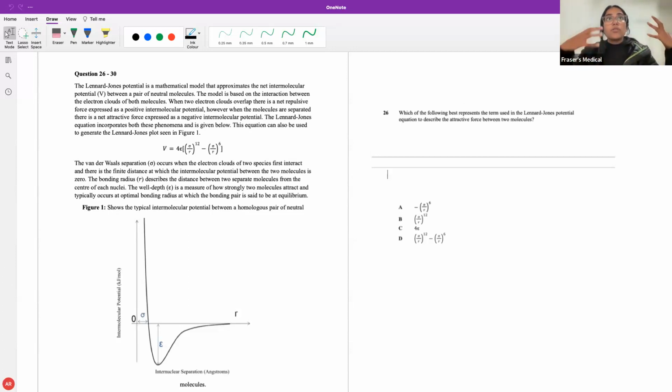Would you like me to go through the stem itself and try to break it down, or try to go through it as I would on the day? Or would you like to head straight into the question? What would you find more useful? Beauty. Okay, so we'll go through it as we would.